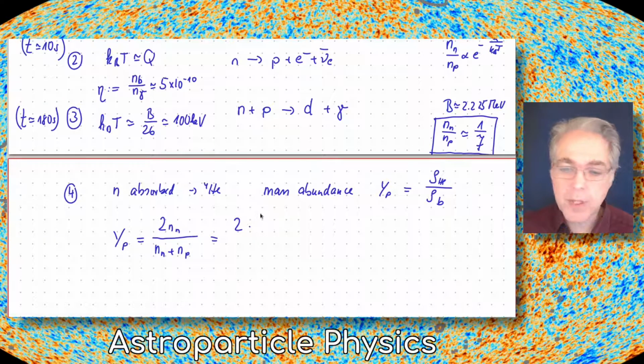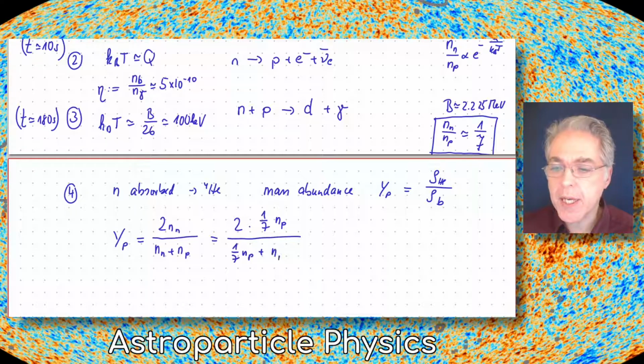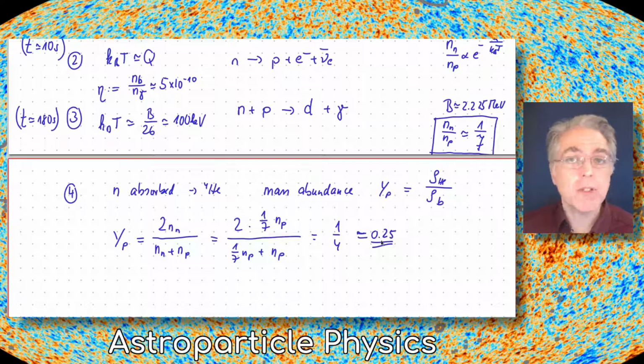So that will be 2 times 1/7 times N_p divided by (1/7 times N_p plus N_p). And then what you get is exactly 1/4. So this is 0.25, and that's the magical number because that's what we basically find today.